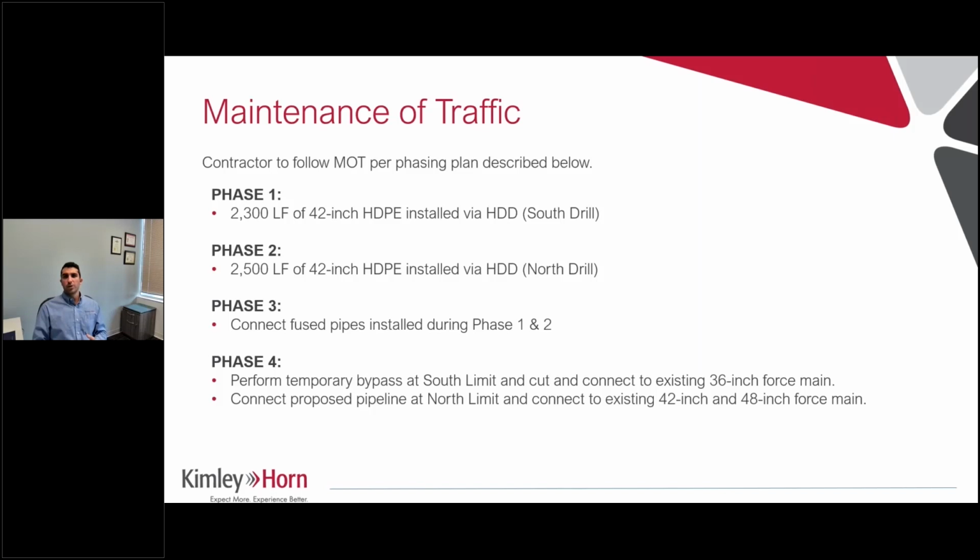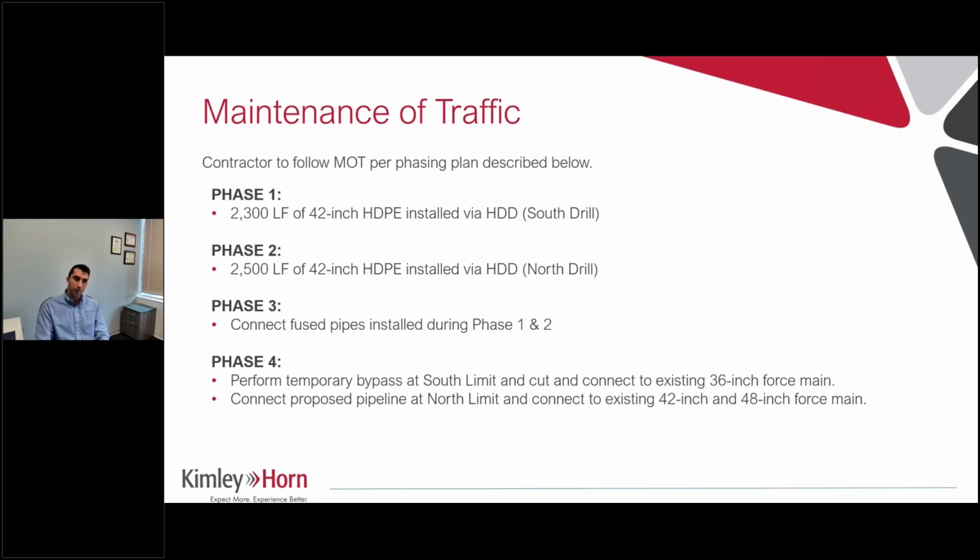Just big picture on the project, it's split up into 2 phases, the south drill and then the north drill, essentially flip-flopping where the pipe stringing would occur. Then phase 3 is a connection of those drills, right? Down the middle of the project, we'll connect those pipelines.